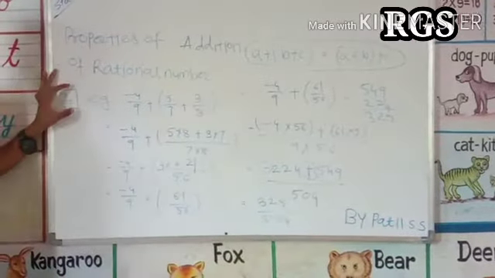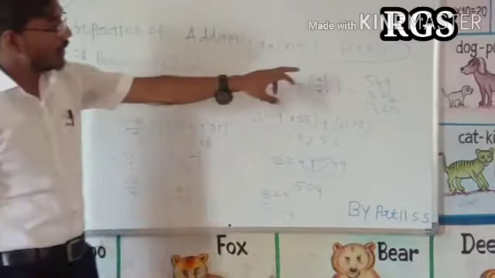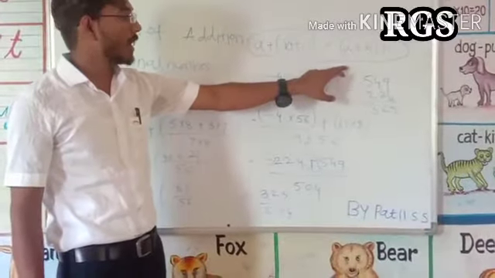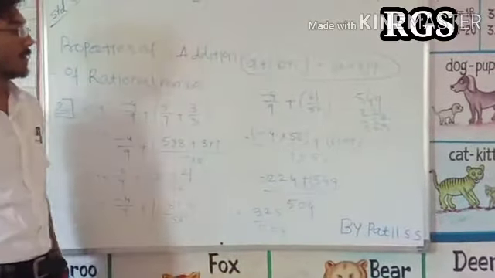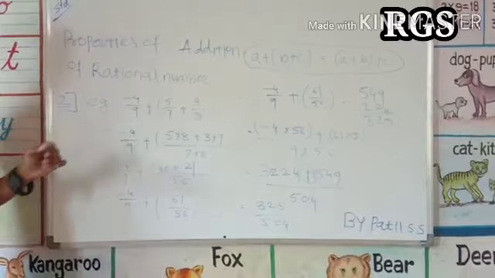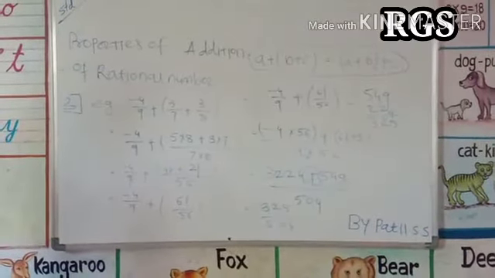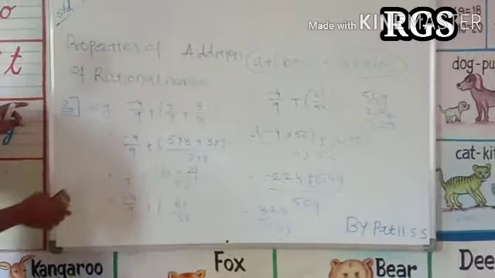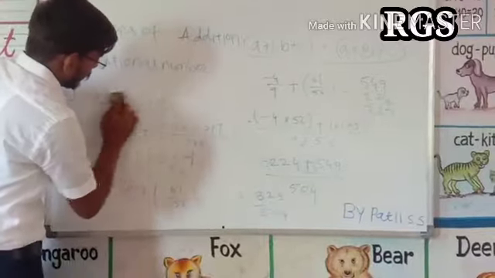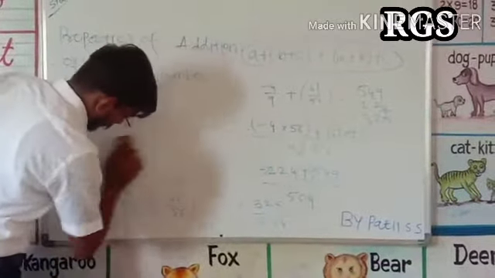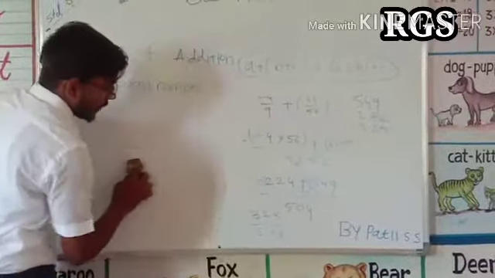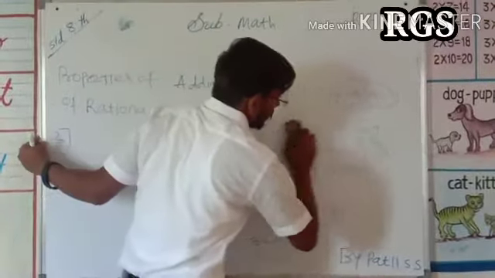Now we will solve the same equation in this fashion, that is in bracket a plus b plus c. After solving the equation in that fashion, we will see what the solution is. Is the solution the same as we got by method 1, that is a plus in bracket b plus c?